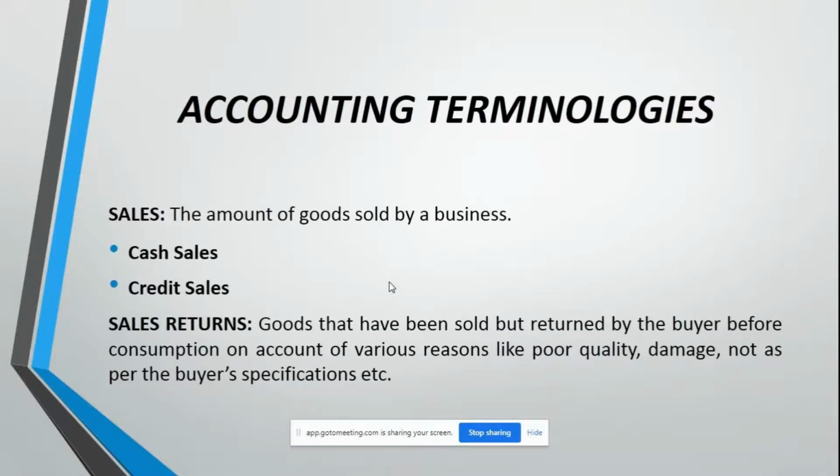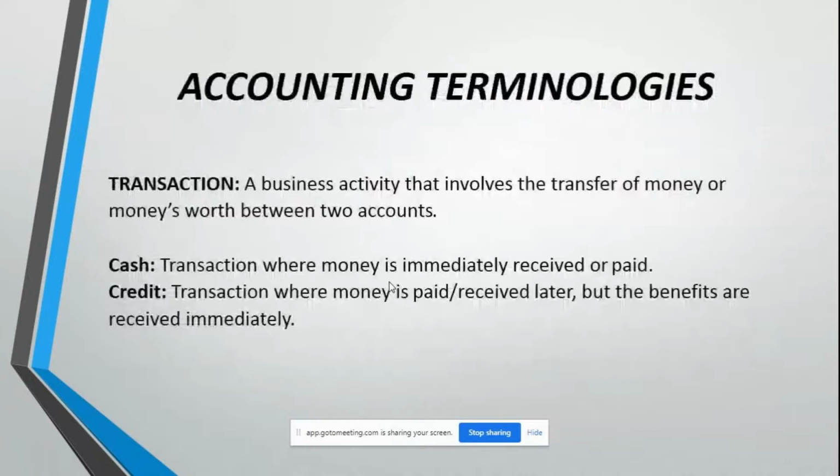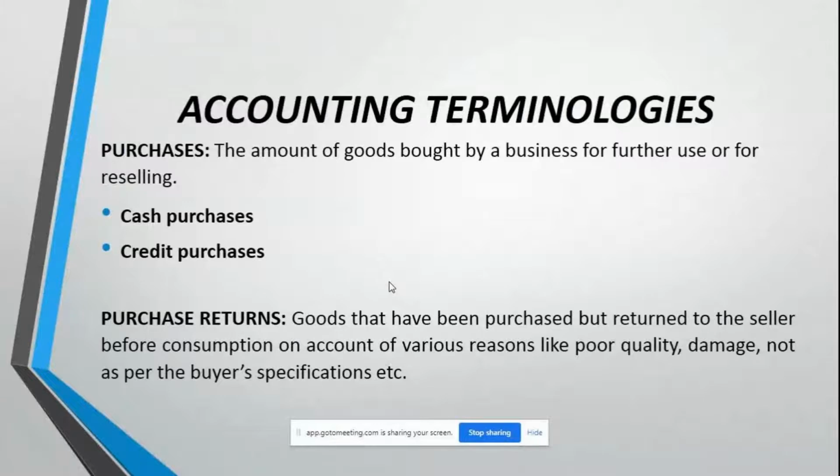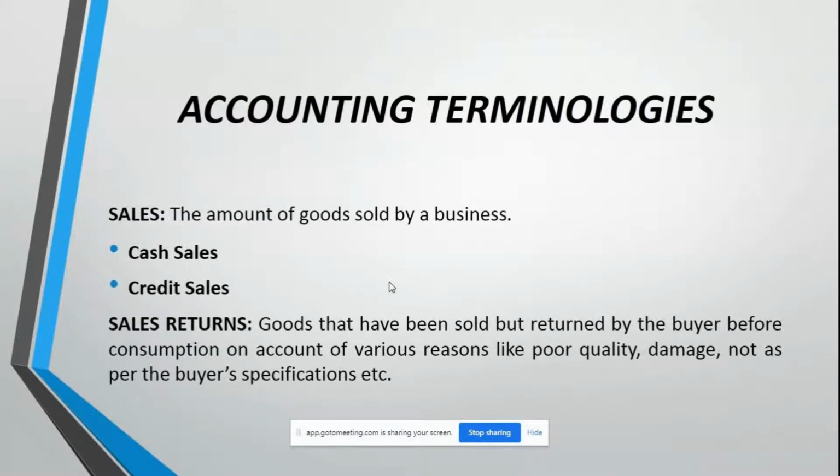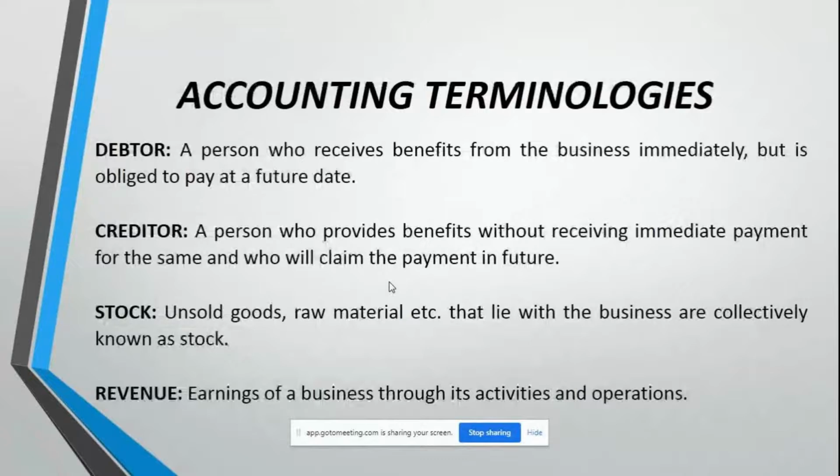On all these grounds, when the buyer returns the goods to the seller, it becomes a sales return. So we have discussed the transactions: purchase return, sales and sales returns. Now the most important aspect: debtor, creditor, stock, and revenue.